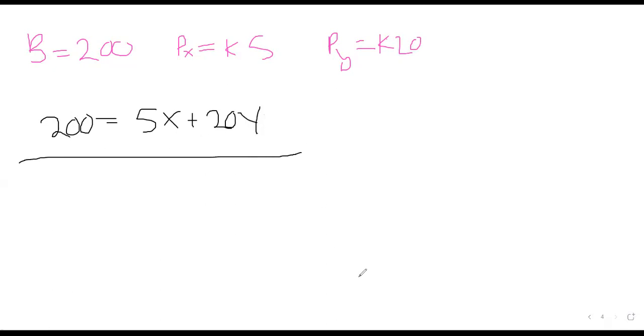Then the intercepts, where will it cut the x-axis? X will be 200 divided by what? By 5. And Y will be 200 divided by what? 20. So what do we have here? 40. And what do we have here? 10.